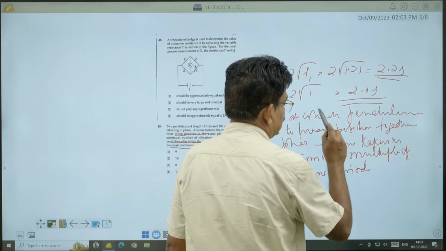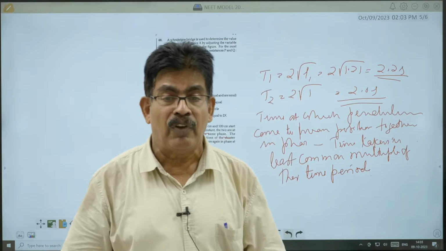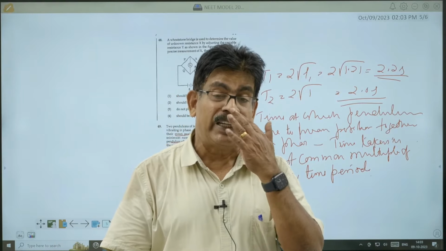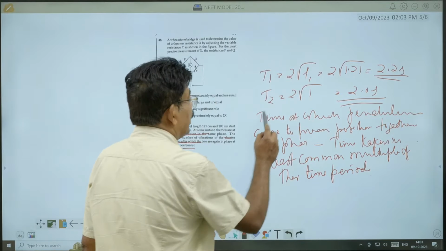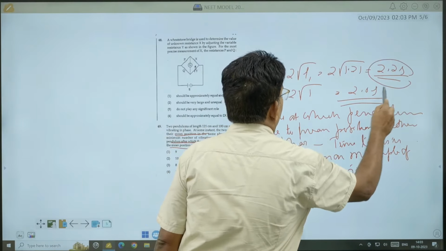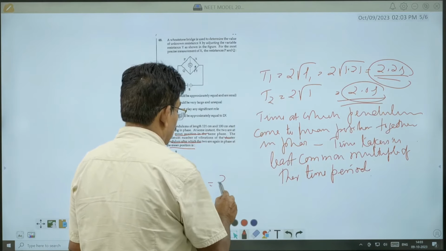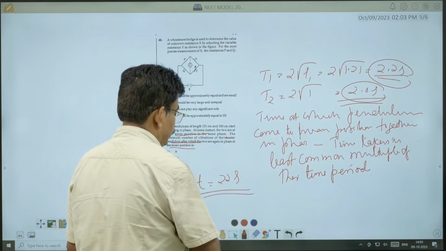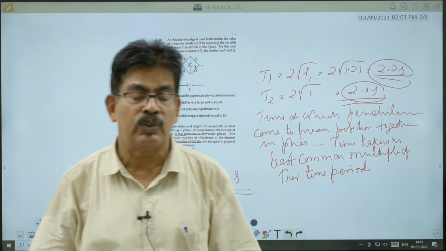So this is the basic result. One time period is 2.2 second, the other is 2 second, then the least common multiple will be 22 seconds. The least common multiple of 2.2 and 2 is 22 seconds.